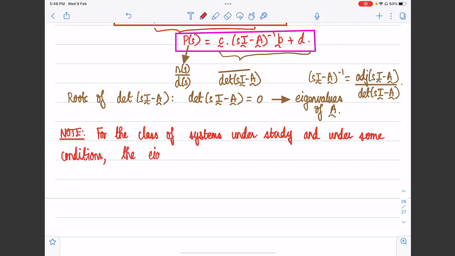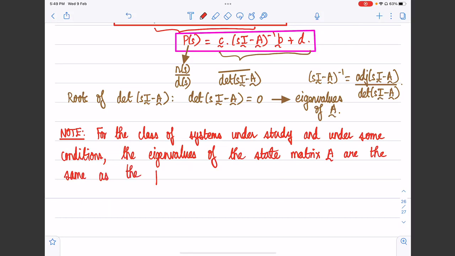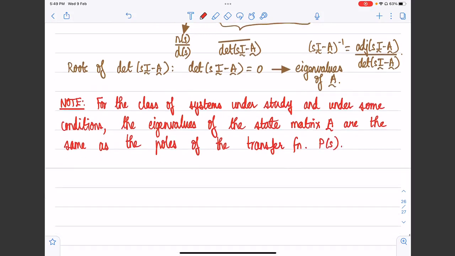The eigenvalues of the state matrix A are the same as the poles of the transfer function P of S. Okay, this is a very important, another equivalence between the state space representation and the transfer function representation. So that's something which we need.